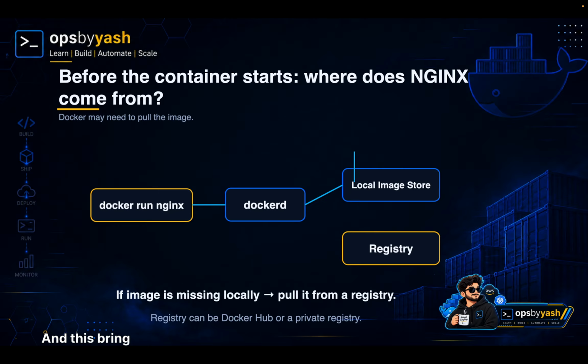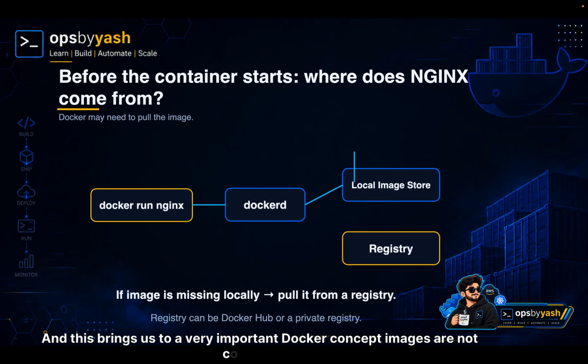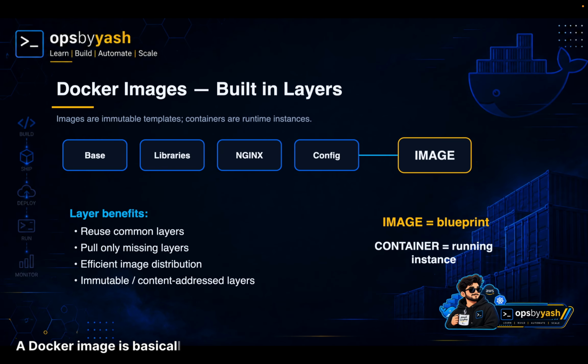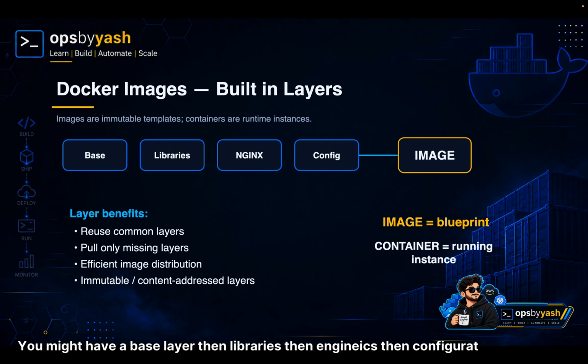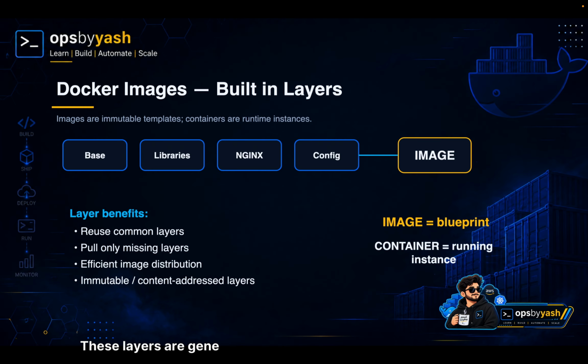And this brings us to a very important Docker concept: images are not containers. A Docker image is basically a blueprint, and that blueprint is built using layers. You might have a base layer, then libraries, then nginx, then configuration. These layers are generally immutable and can be reused.